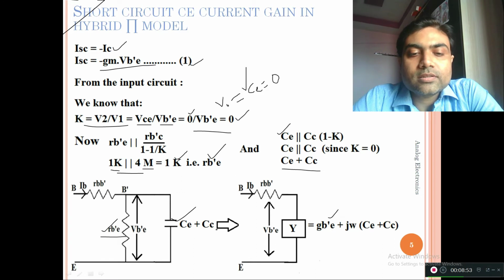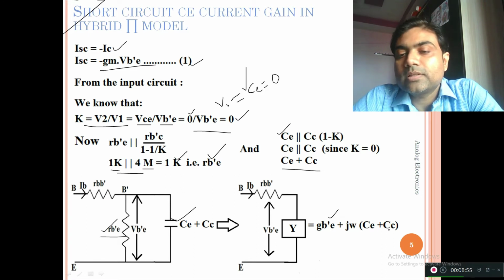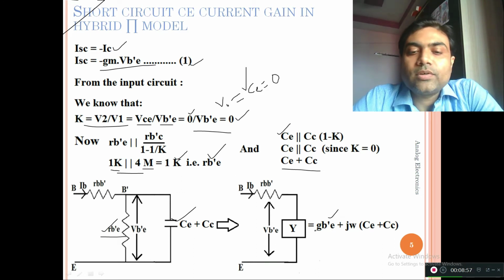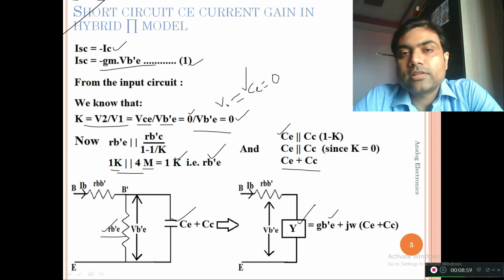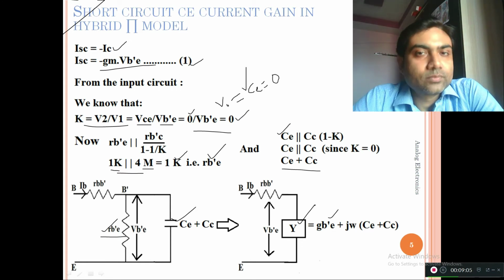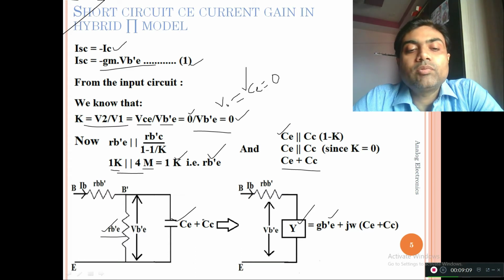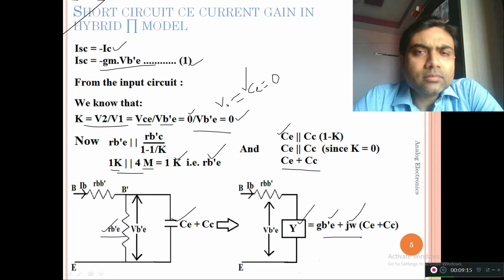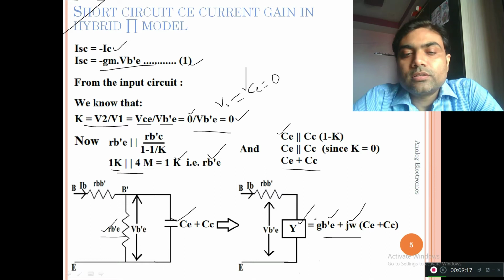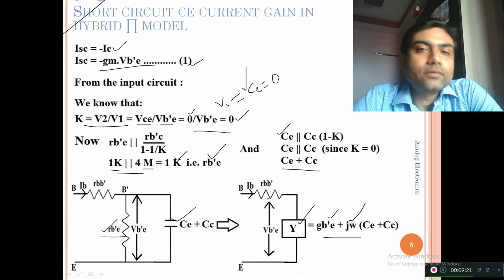Similarly, CE plus CC can be written as j omega (CE plus CC). Since we are writing the admittance value now, not impedance, we have converted the impedance into admittance by converting the resistance into conductance and writing the equivalent capacitance in terms of frequency parameters. So these can be added. This is the equivalent circuit of the input side.